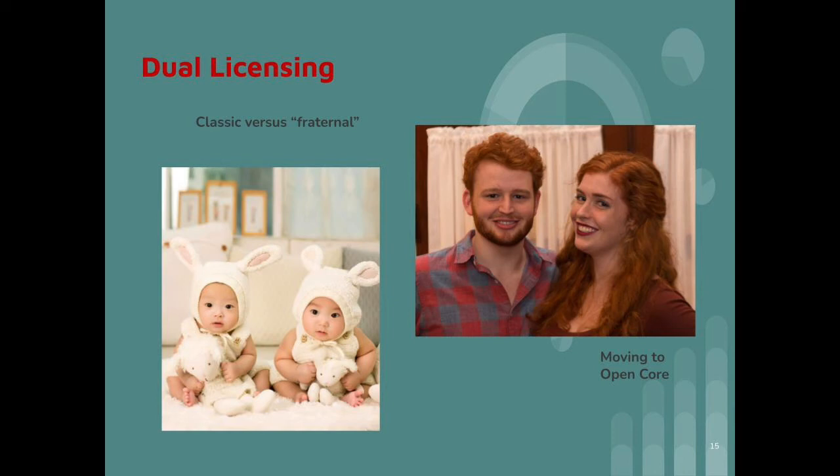The fraternal twin model was generally when a company would add some upsell elements and create a different version. So originally, and still somewhat, you see the open source version being called a community version or open source or free version. And the other version that has the upsell elements is often called an enterprise version.